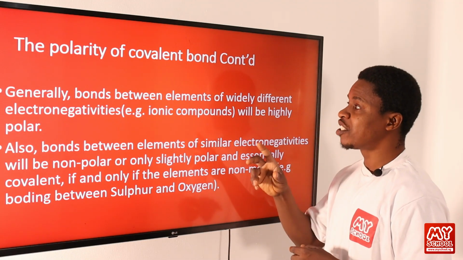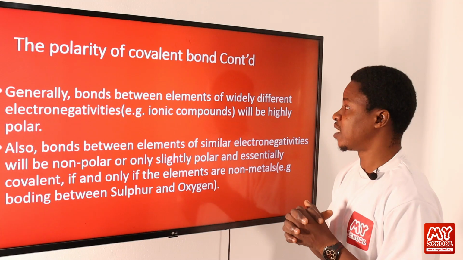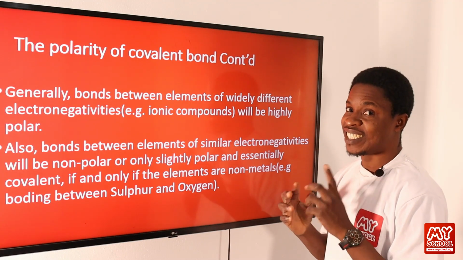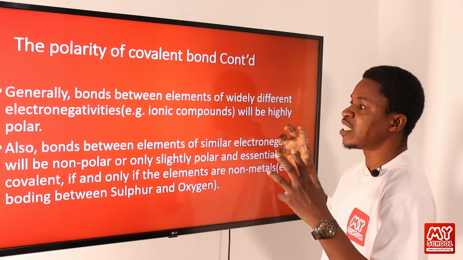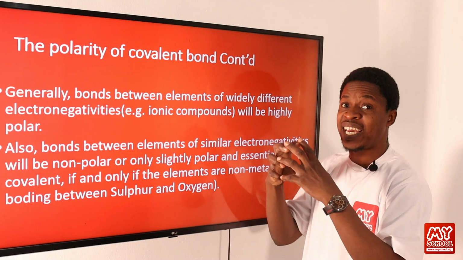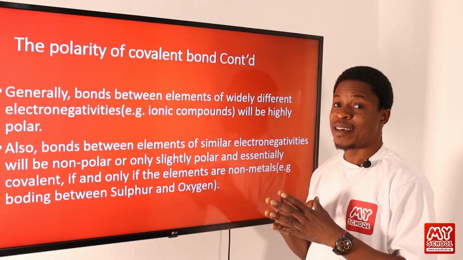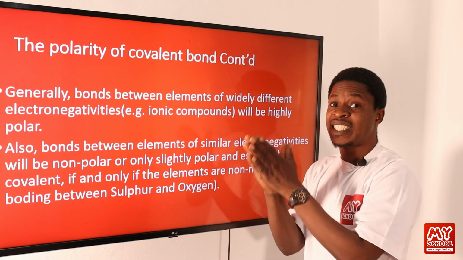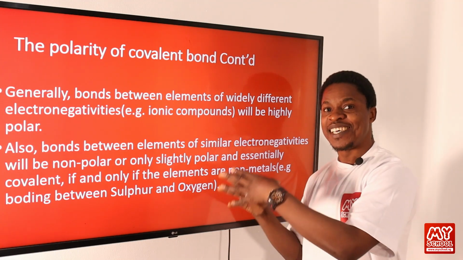Generally, bonds between elements of widely different electronegativities will be highly polar. I'll say that again. Generally, bonds between elements of widely different electronegativity. When we say elements of widely different electronegativity, examples are ionic compounds. Why? Because this type of compound is formed when there is bonding between a metal and a non-metal.